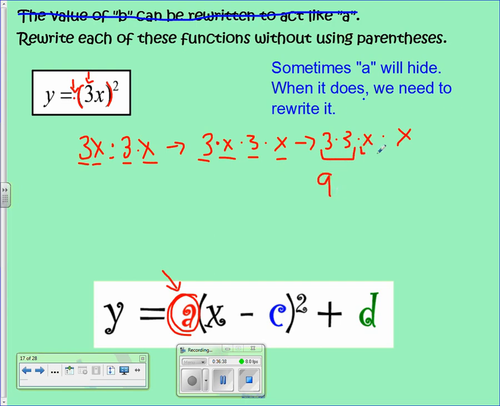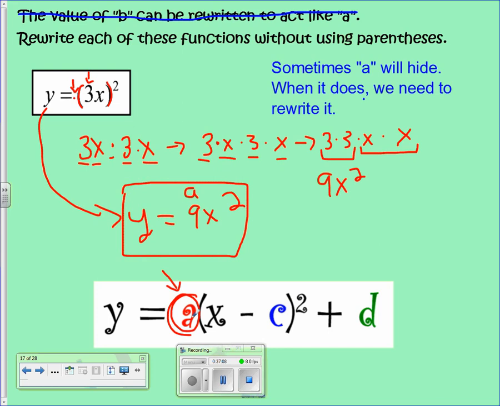And what is x times x? Some of you may know, some of you may not. But x times x is actually what gives us x squared. Okay? So this equation can actually be rewritten as y equals 9x squared. And now I have my a value. I took it out of hiding. Okay?